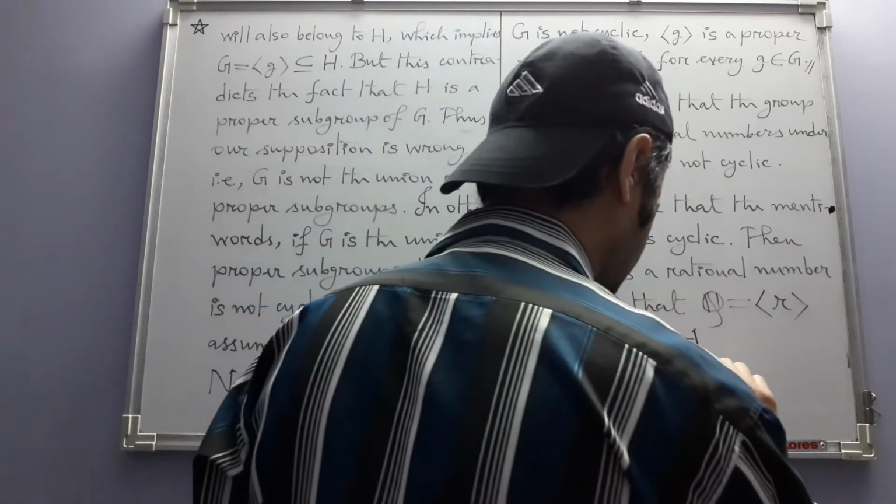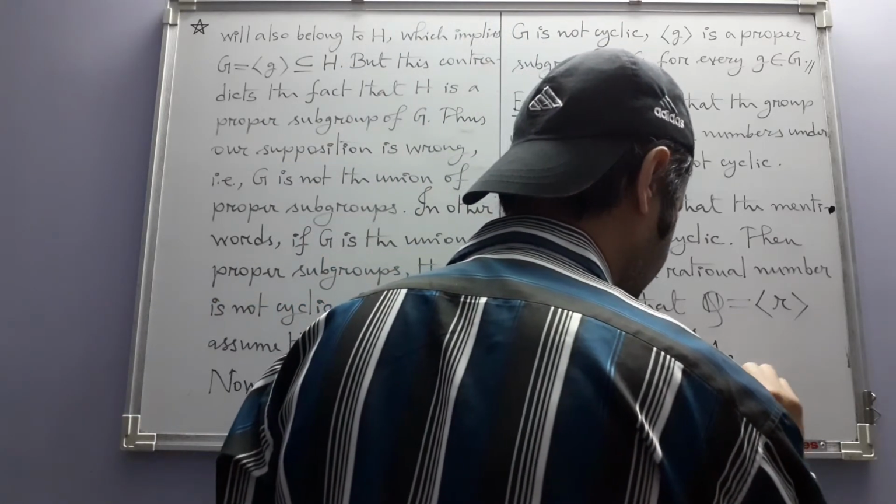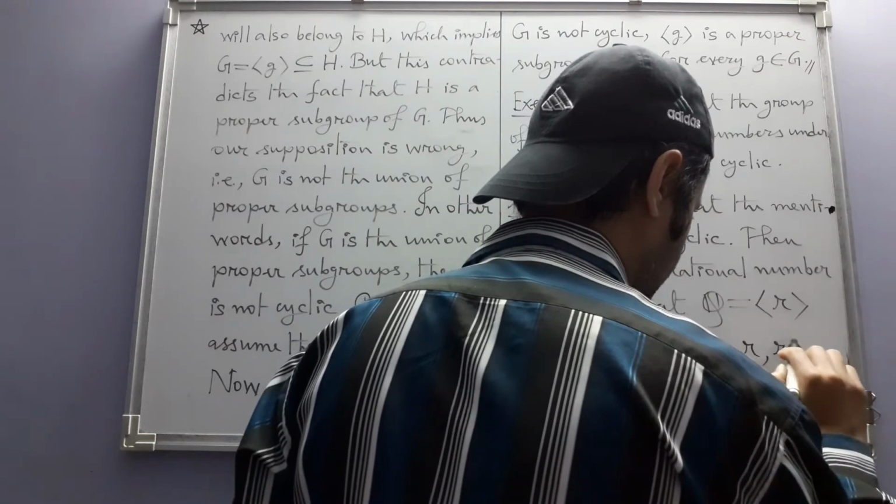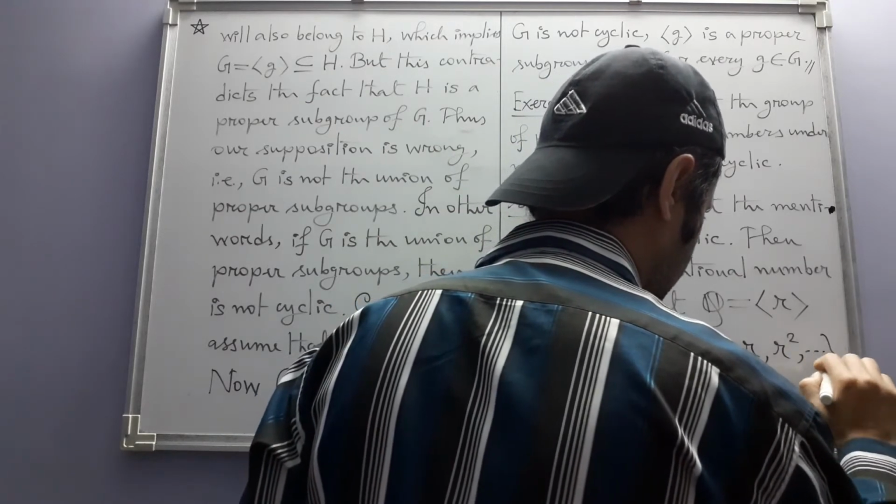Minus 1, r to the power 0, which is 1, then r square, etc.